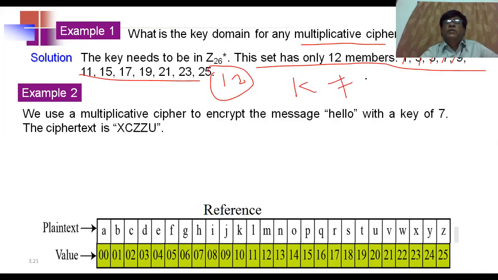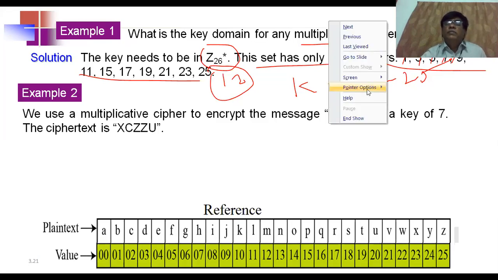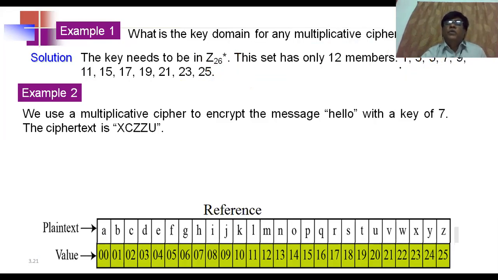Don't use the k value from all the values from 0 to 25. Since Z26 star contains only 12 integers, the k value should be these values only, at the time of encryption or decryption: 1, 3, 5, 7, 9, 11 up to these 12 values only.